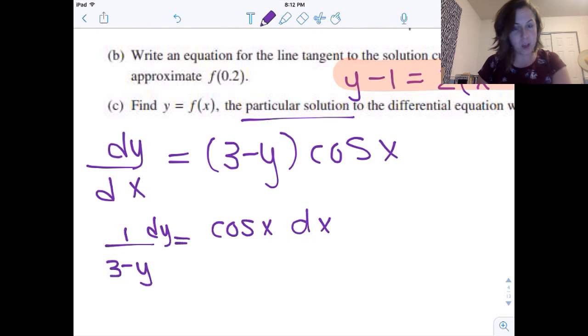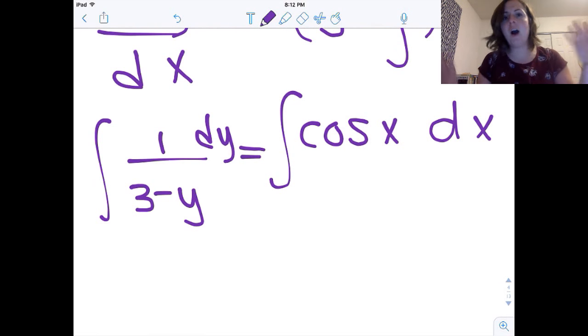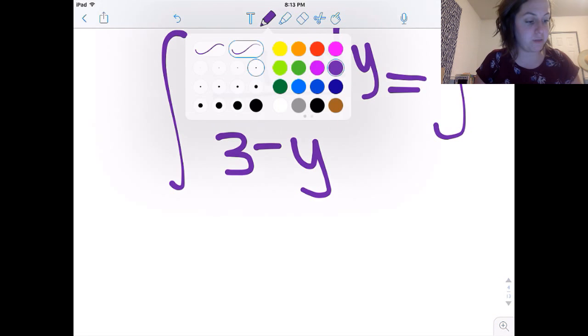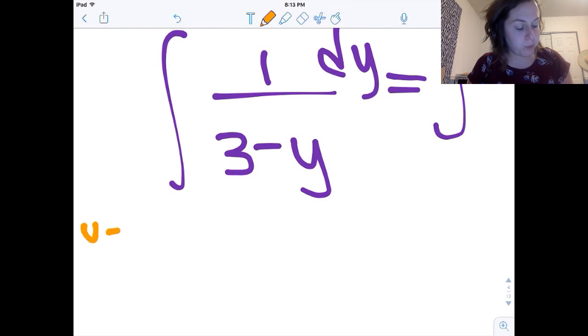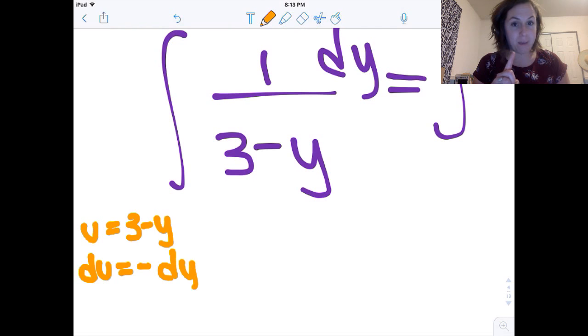Integrate both sides. We are going to be careful with this one. Okay, this looks like, oh, ln of 3 minus y. But remember that what I'm really doing there in my head is a u substitution. So u here would be 3 minus y. du is negative 1 dy. So you have to be careful here because of that negative.